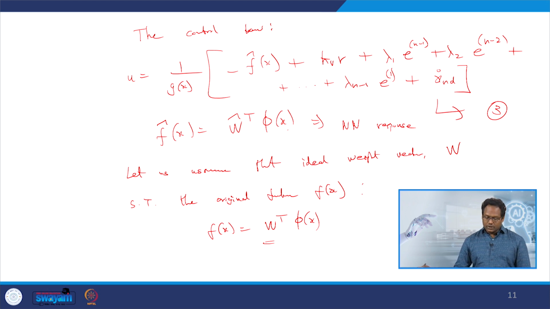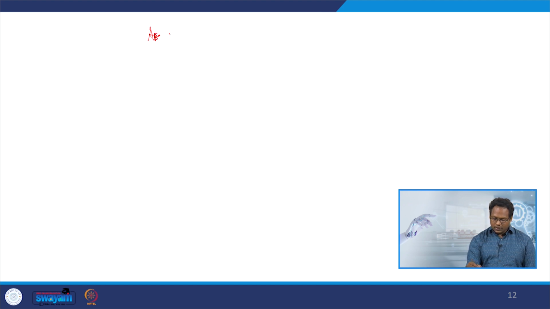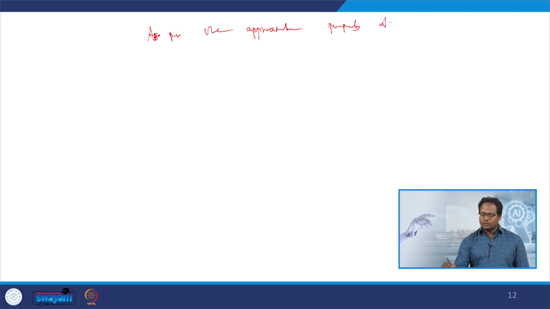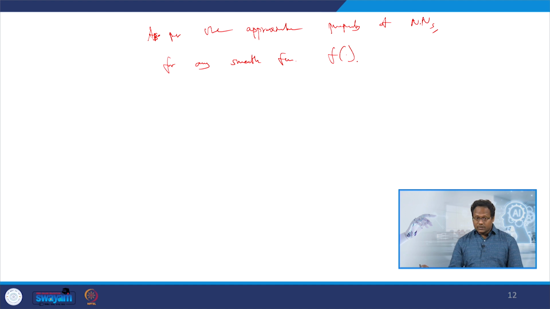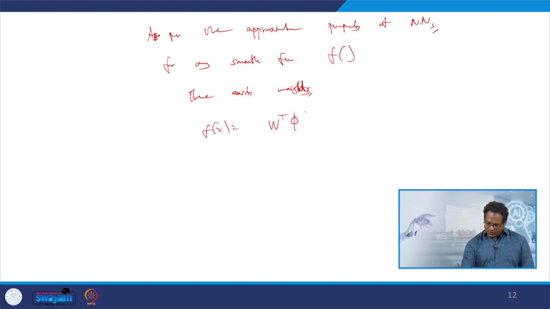Now, as per the universal approximation property of neural networks, for any smooth function represented by f of dot, there exist weights such that f of x equal to W transpose phi of x plus epsilon, where epsilon is called the estimation error.